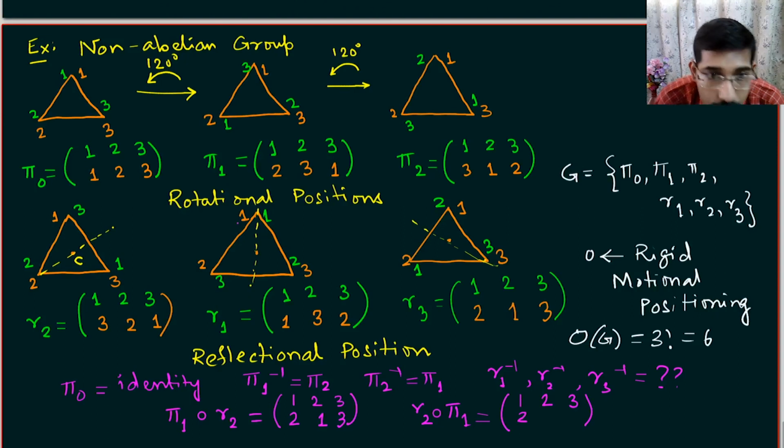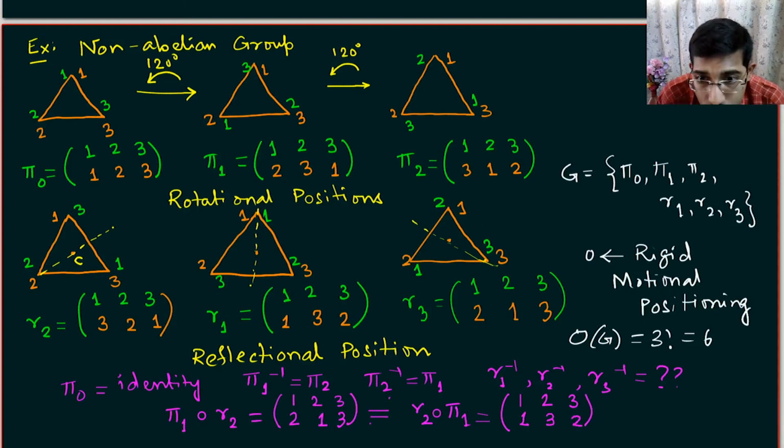Sorry, here I missed it. 1 goes to 3 in R2, then 3 goes to 1 in pi 1. So therefore finally 1 goes to 1. 2 goes to 2 in R2, 2 goes to 3 in pi 1, so finally 2 goes to 3. 3 to 1, then 1 to 2, so 3 to 2.